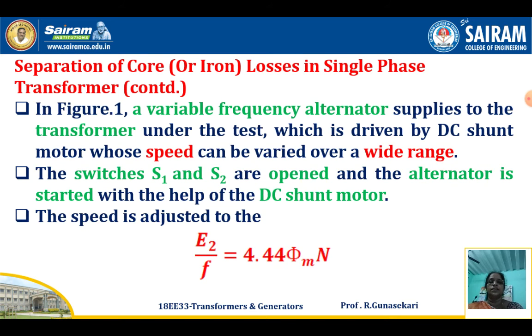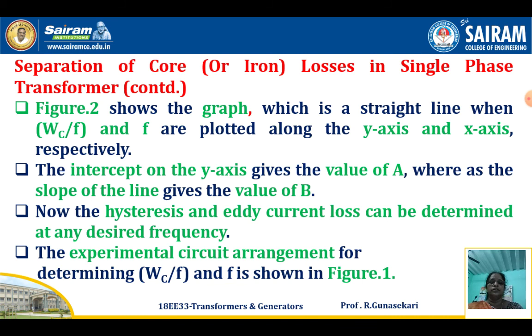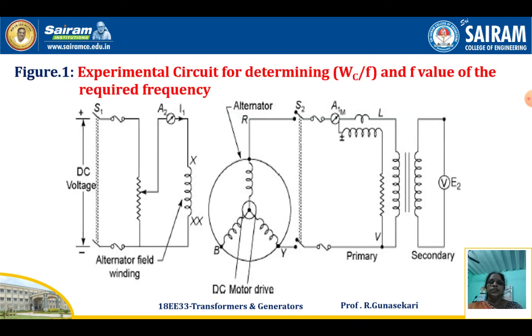Now you see the circuit diagram. In this circuit diagram, you mark X, the alternator field coil.